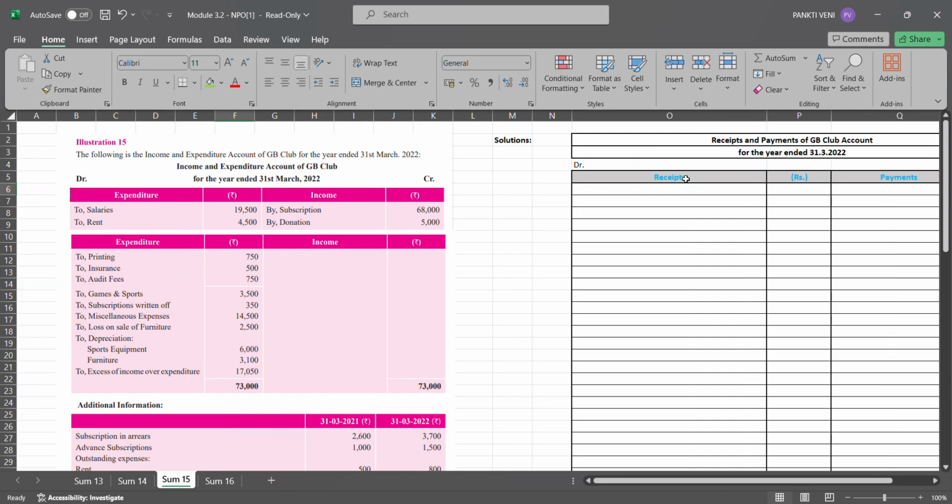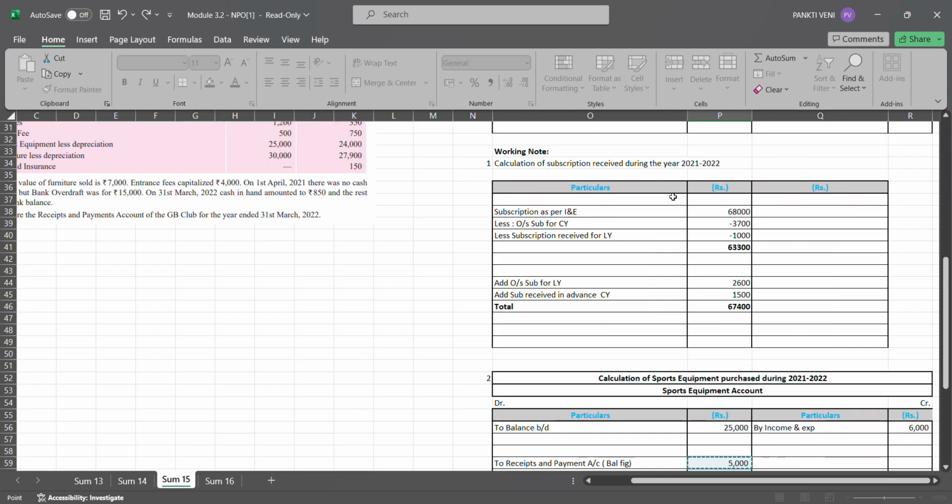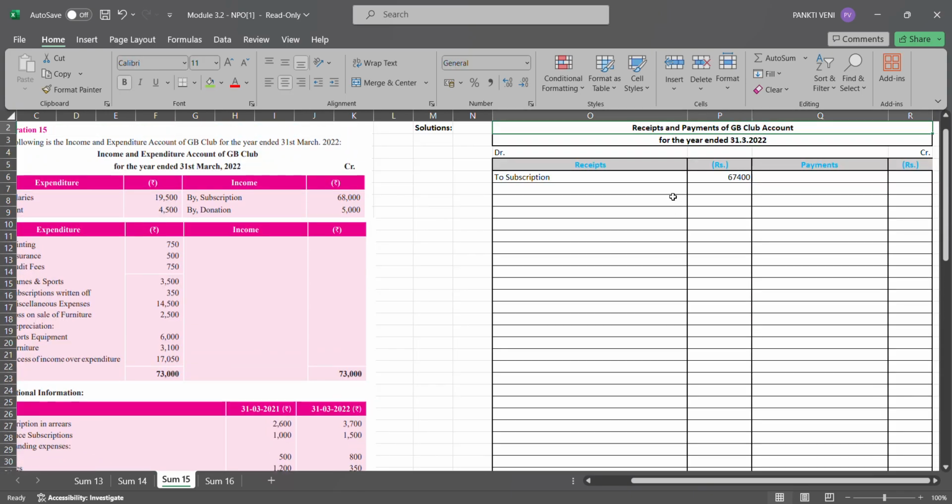For subscription, where will I take it from? From my working note. I've prepared the working note, no? So subscription I'll take from the working note. Then I have donations. So donations is 5,000. Same way, everything from the question I'm supposed to post.